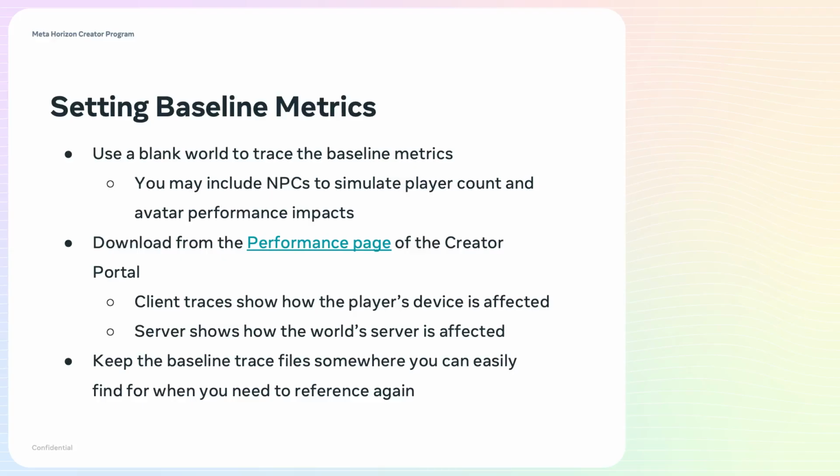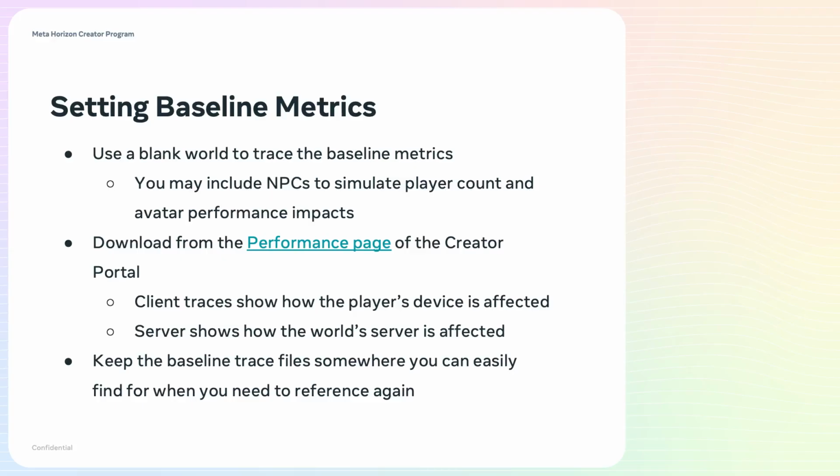How can we get that file for ourselves that proves what the numbers can be at best performance, with a blank world, nothing in the world and very few players?